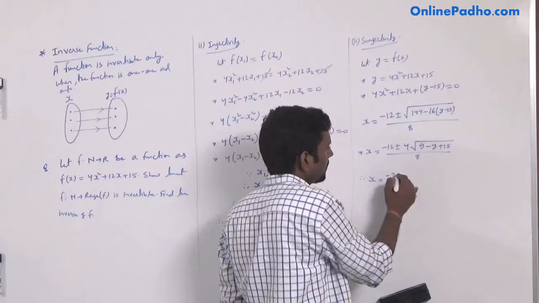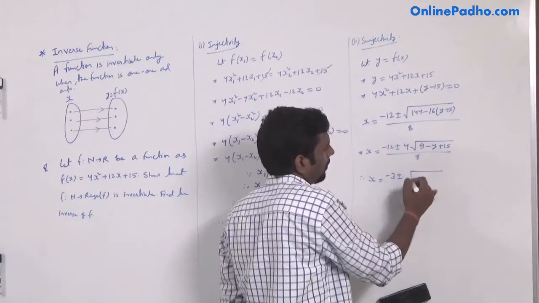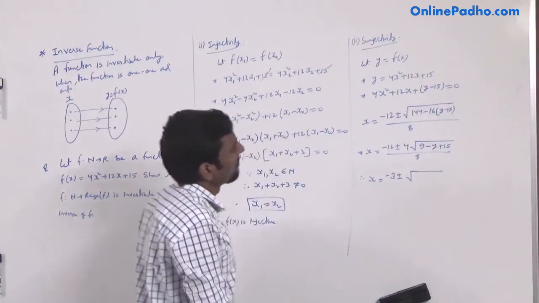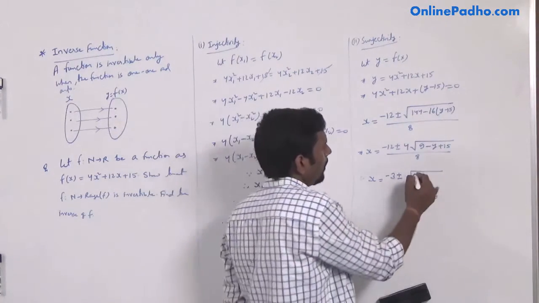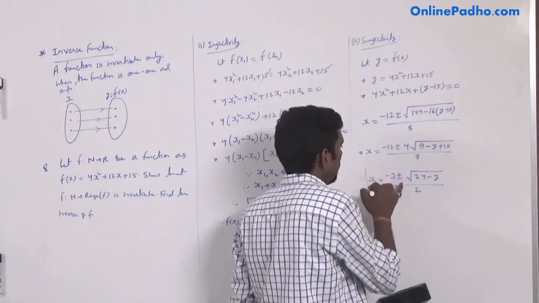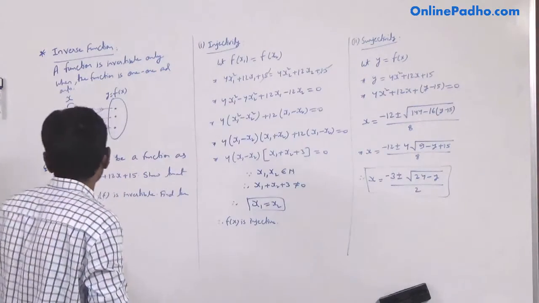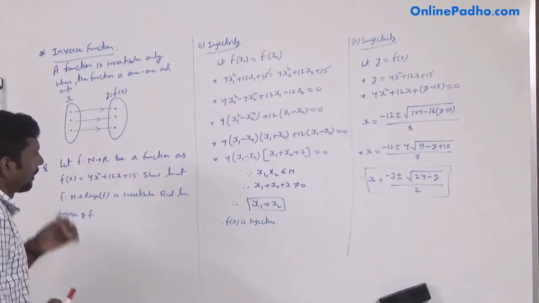We can write it as minus 3 plus minus square root of 24 minus y, divided by 2. That is x in terms of y. Right?